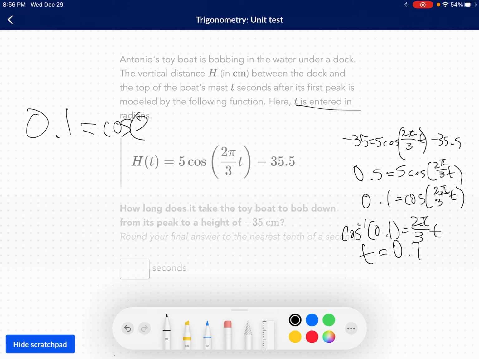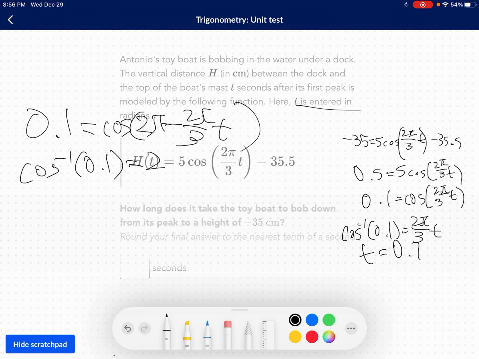So 2 pi minus 2 pi over 3 t. Inverse cosine of 0.1 equals 2 pi minus 2 pi over 3t.